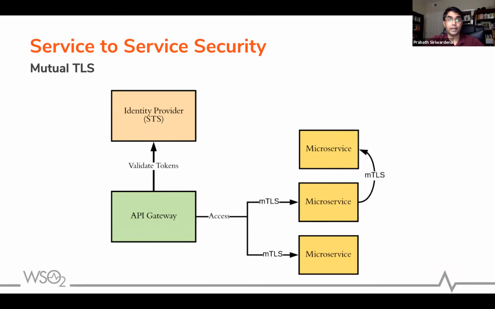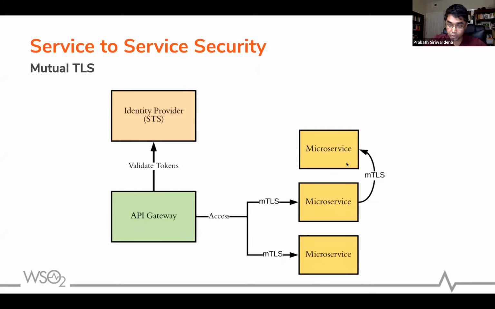In this particular pattern, once the gateway validates the access token it gets from the application, which carries the user context, it simply passes the token's parameters as HTTP headers to the microservices, and they will use those headers and also pass them to other microservices. For example, the header comes to this microservice and it will use it, and then when it goes to another upstream microservice, it will pass that header.